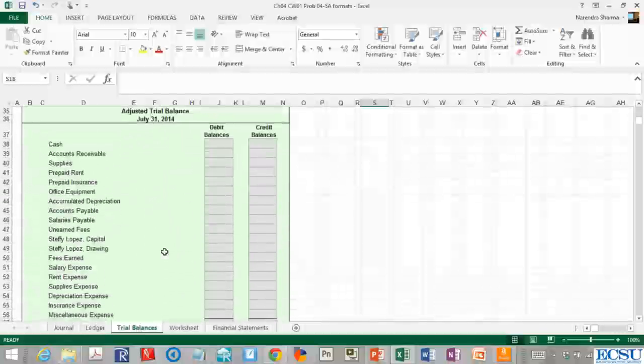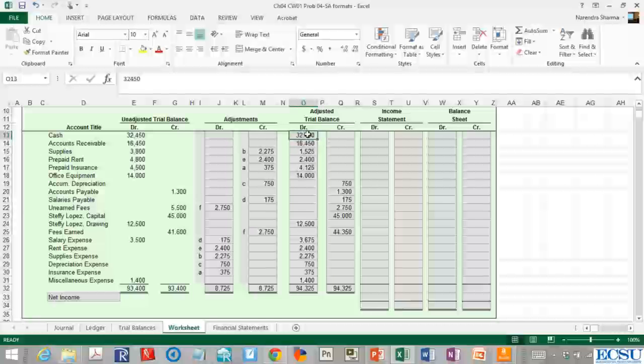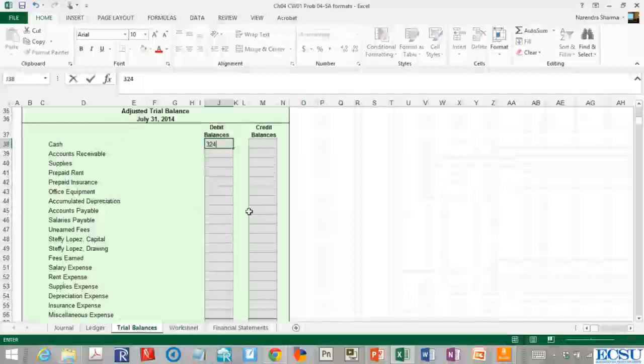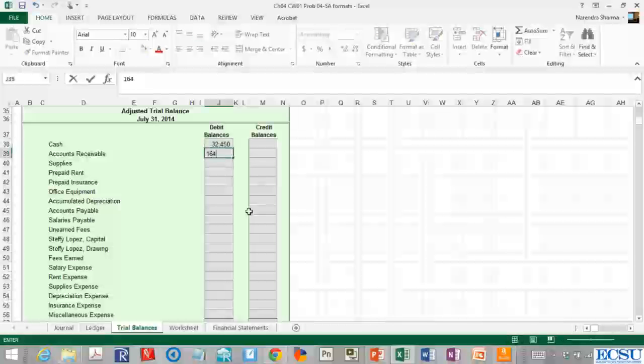So how do I do the adjusted trial balance? Just copy that information from the worksheet. Starting with 32,450 for cash, 16,450 for accounts receivable, 1,525 for supplies, 2,400 for prepaid rent.